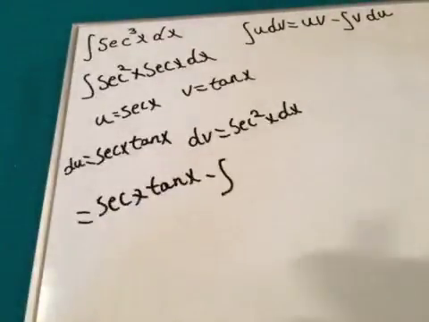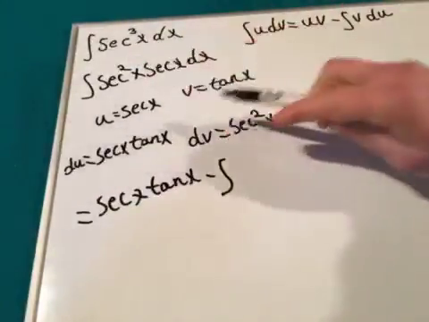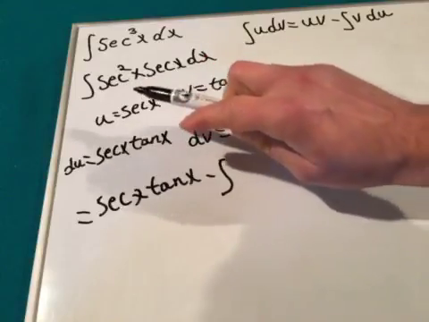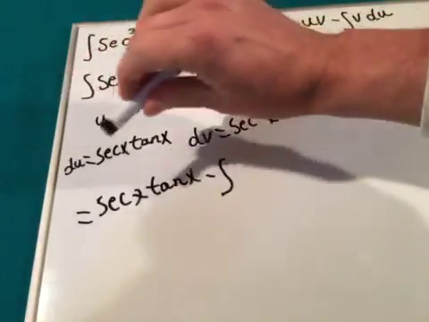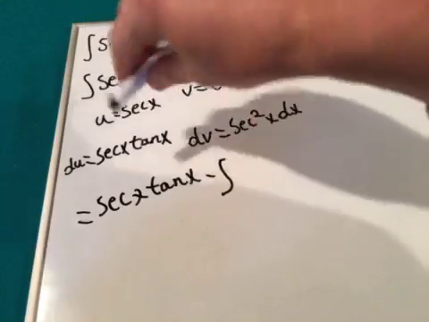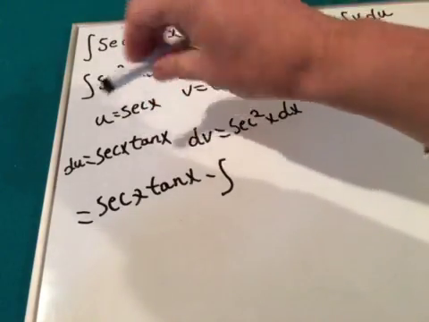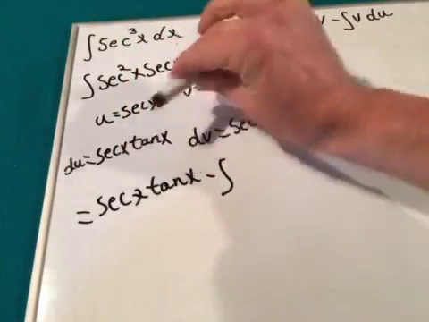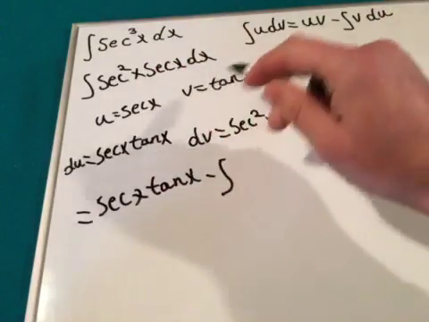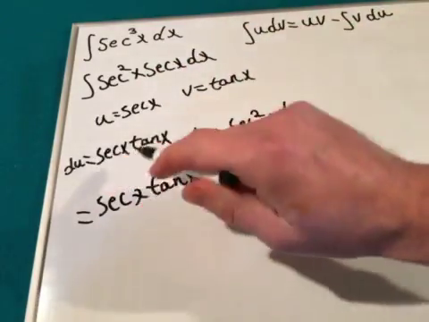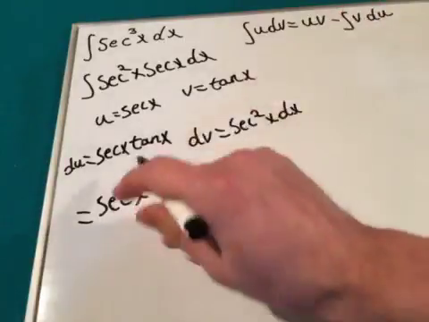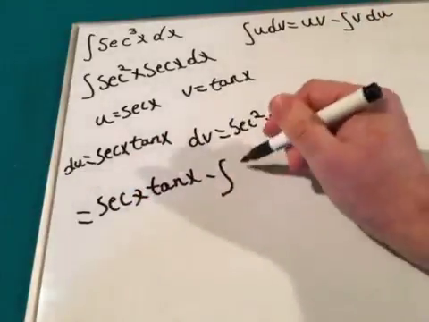And the new integral, if the first integral was this axis, the new integral is always going to be the opposite diagonal, the opposite axis, right? So this was where we started. The new integral is always this axis. So it's tangent x times secant x tangent x, and that gives us secant x tangent squared x.